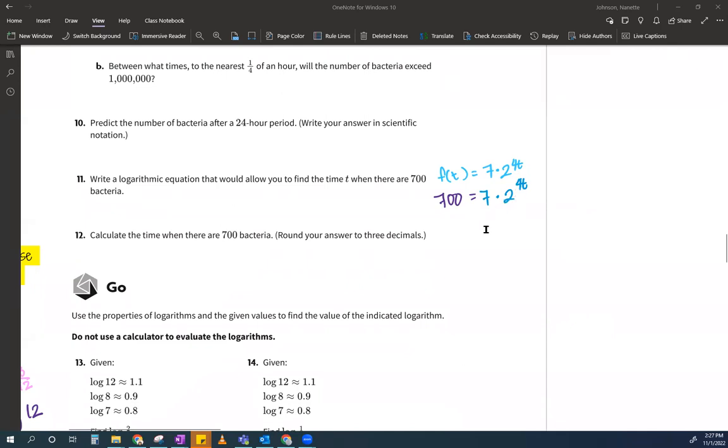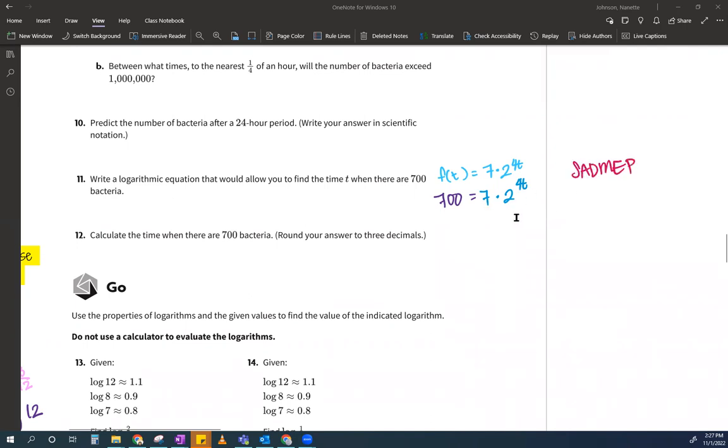So how would you solve for t? What would be the first thing that you would do? Yeah, you'd use SADMAP. And then on the t side, is there any subtraction or addition?